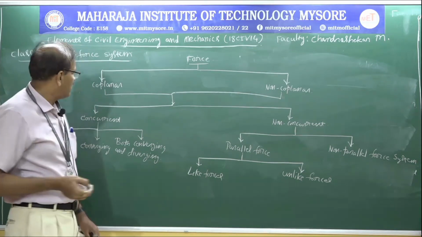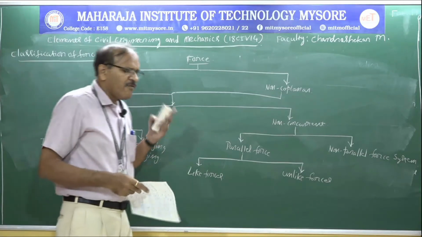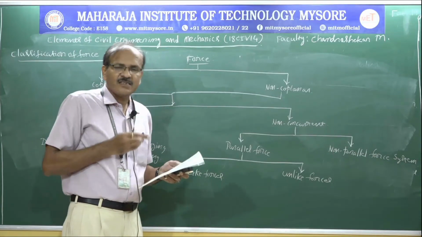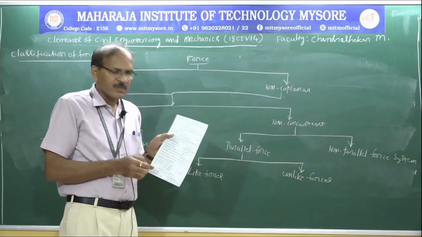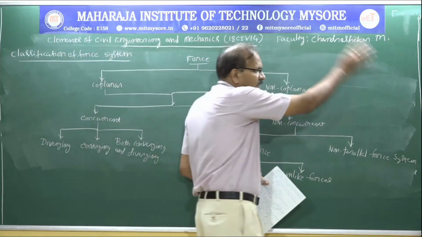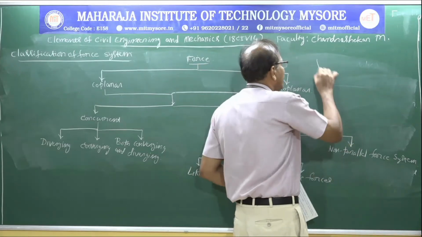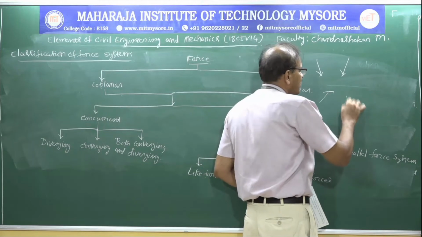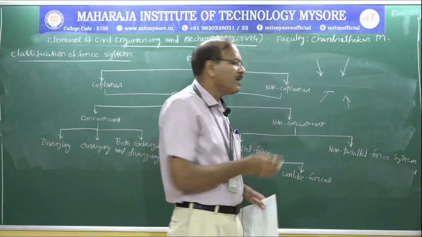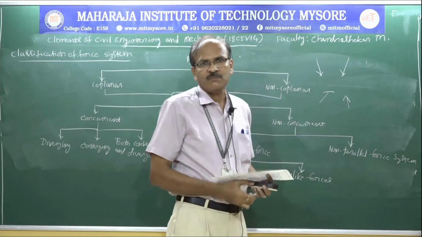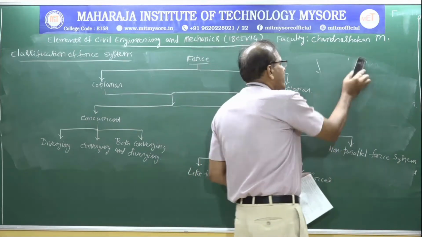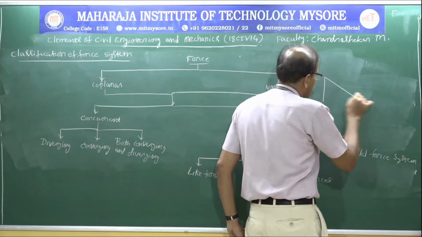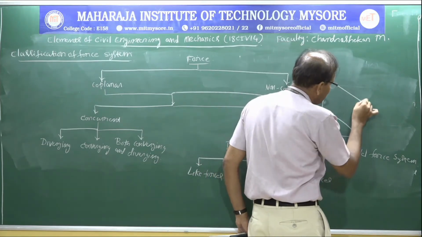So coplanar: if a system of forces is acting on a single plane, say for example this board is a single plane, and we have a system of forces like this, it is a coplanar force system. To make you understand better, I am going to consider two planes. I am drawing a 3D figure here.